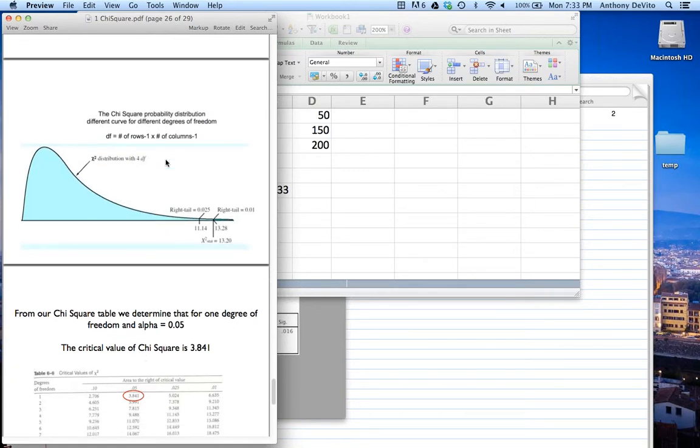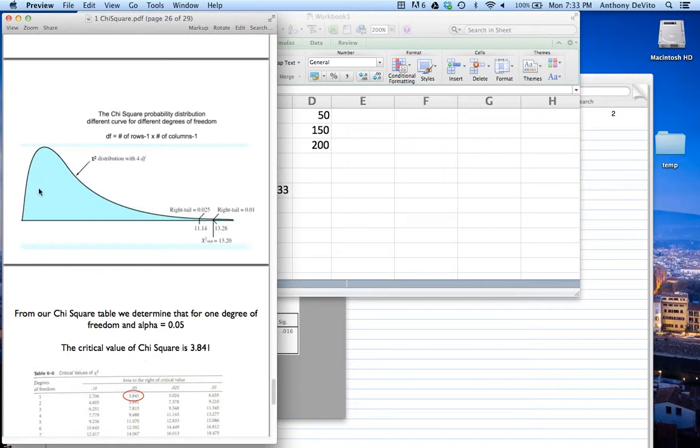Now, unlike our normal distribution or our t distribution, we have here a one-sided distribution. In other words, 0 is down here. The likelihood of 0 is not real great, but it's not 0 either. This represents a population where there's no association between the exposure and the outcome.